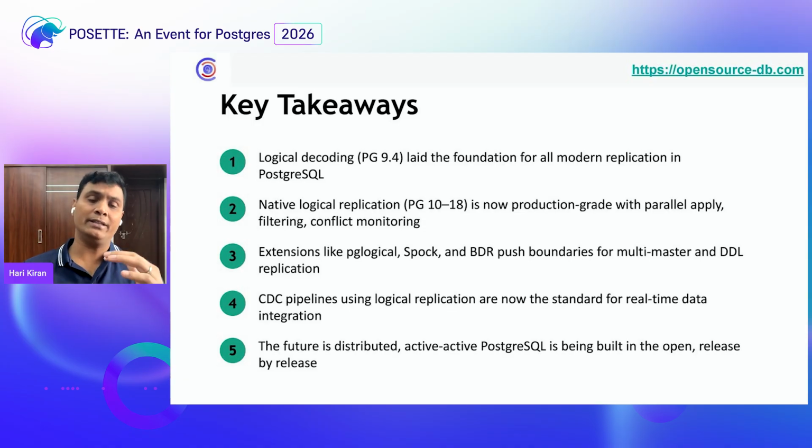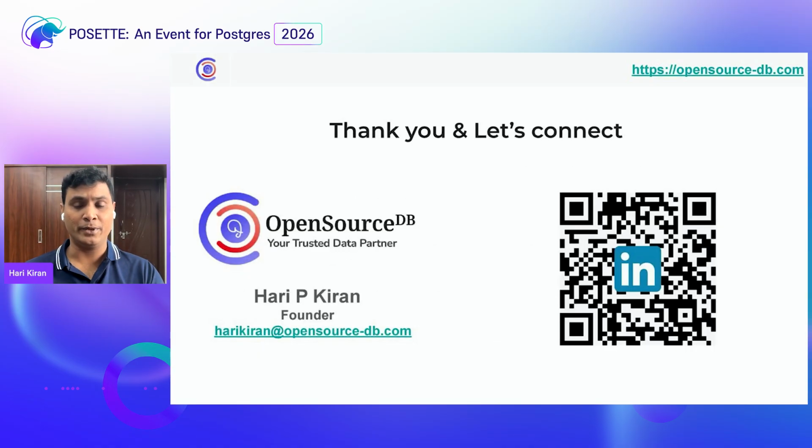And then the fourth and fifth important pieces are the CDC pipelines and the future of distributed databases, the active PostgreSQL that is being built into the open releases, right?